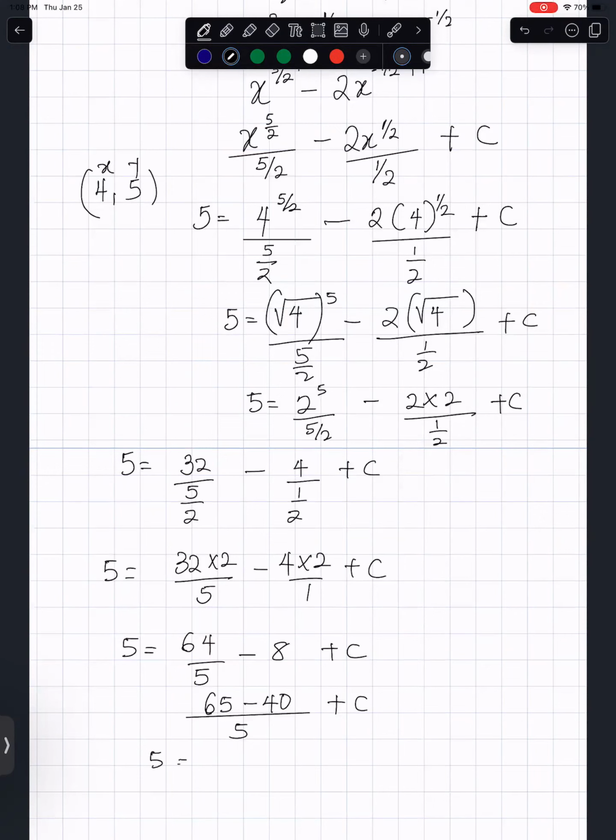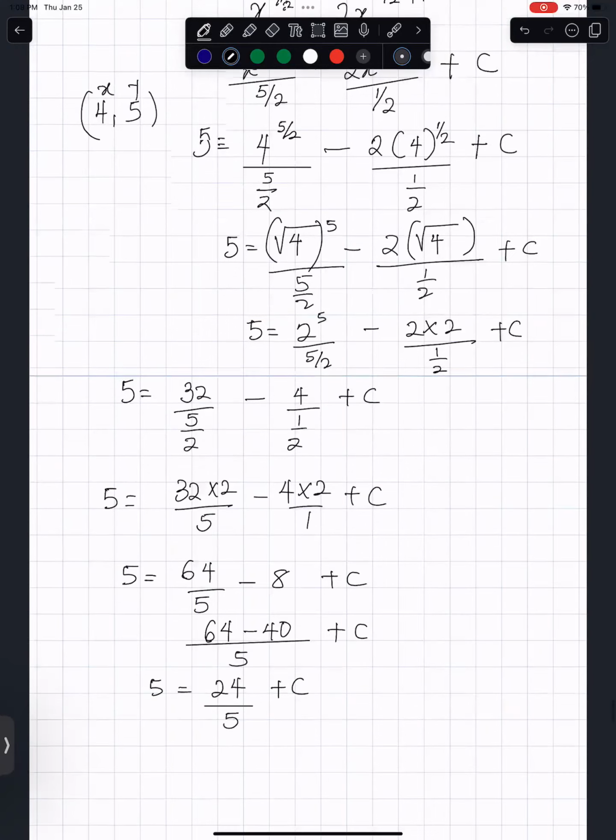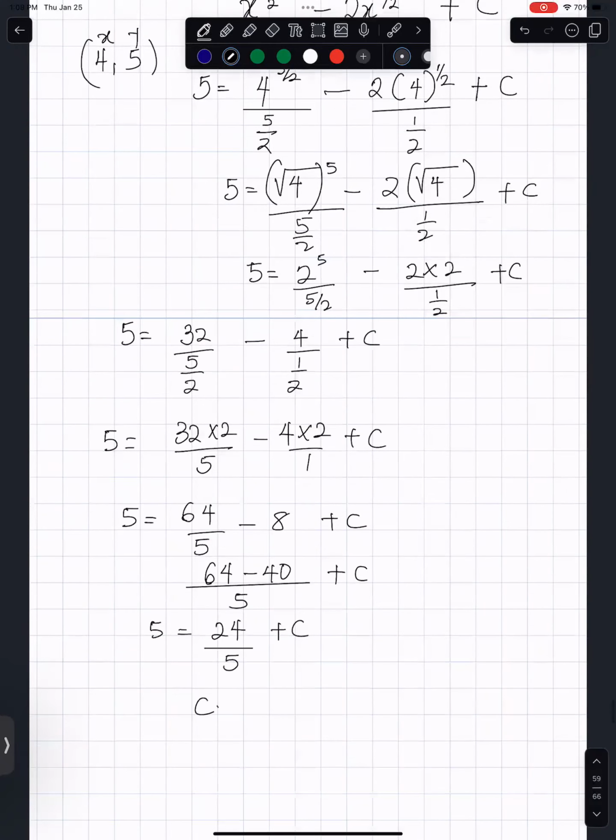5 is equals to 64, sorry, 64 minus 40, 24 over 5 plus C. So the value of C becomes 5 minus 24 over 5.